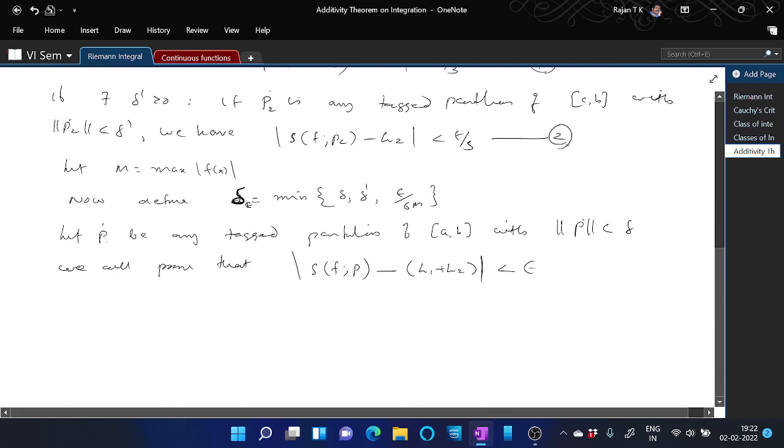Now this P, the partition of [a,b], let it be of the form intervals Ik with the tags tk, k equal to 1 to n, where each Ik is the interval [xk-1, xk].